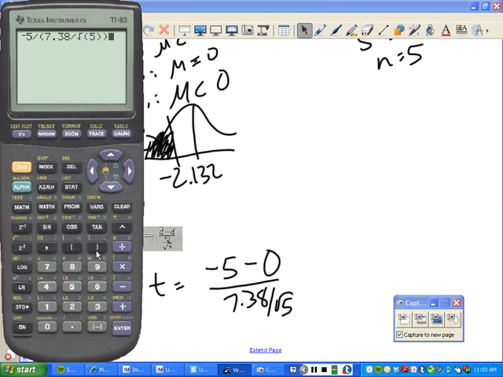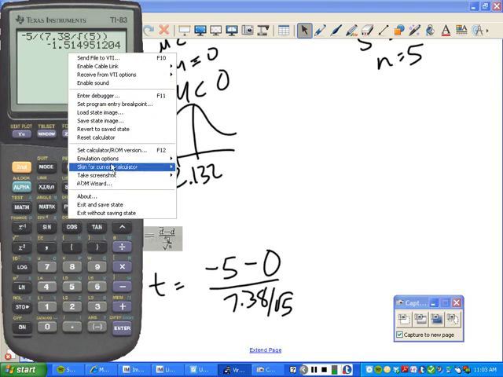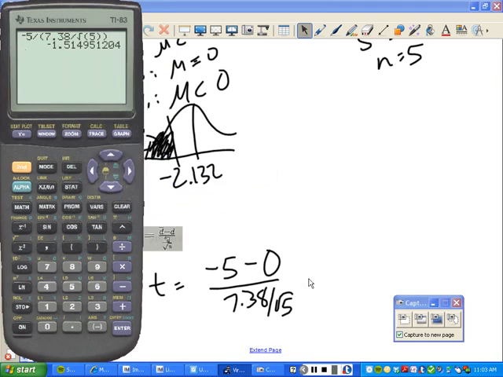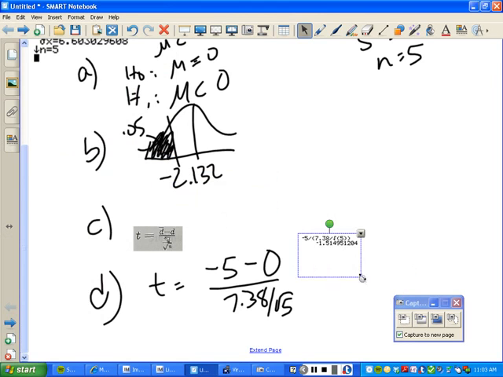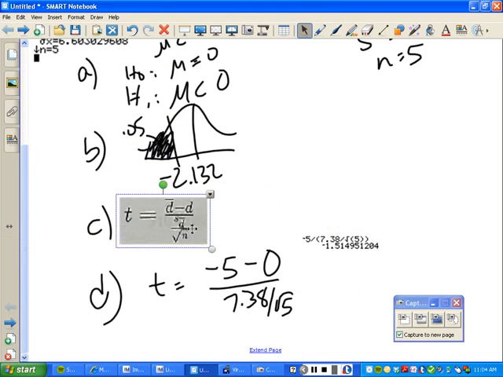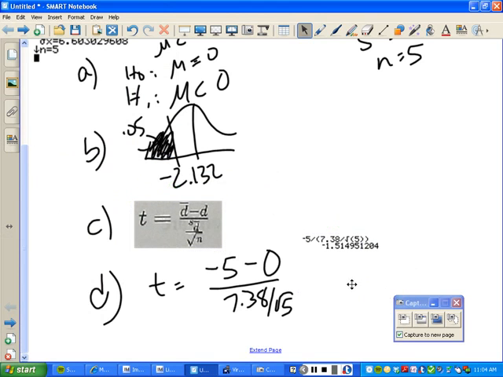Now, some of you are going, why in the world is he not putting in the 0? Well, negative 5 minus 0 is still negative 5. You got negative 1.51. So this is negative 1.51.